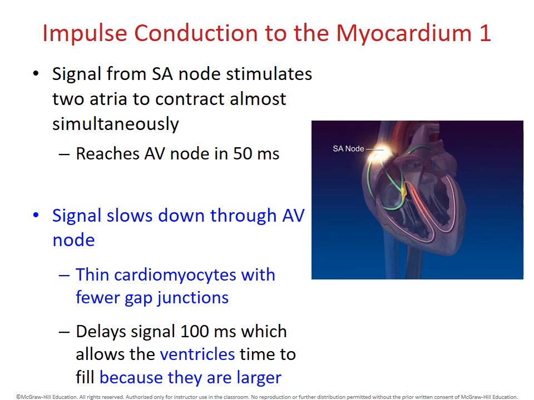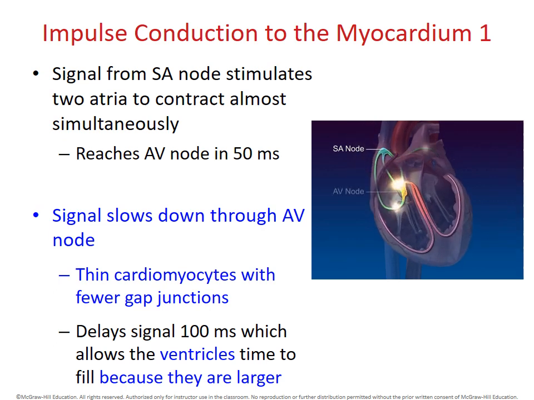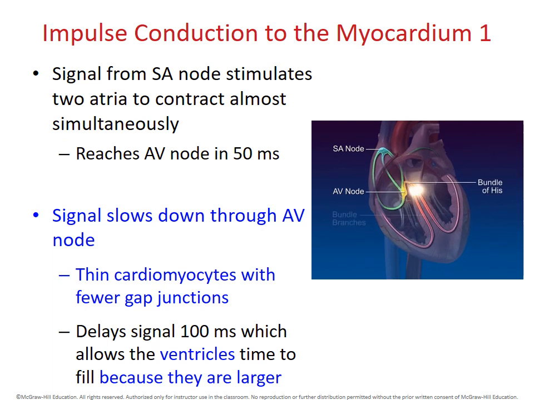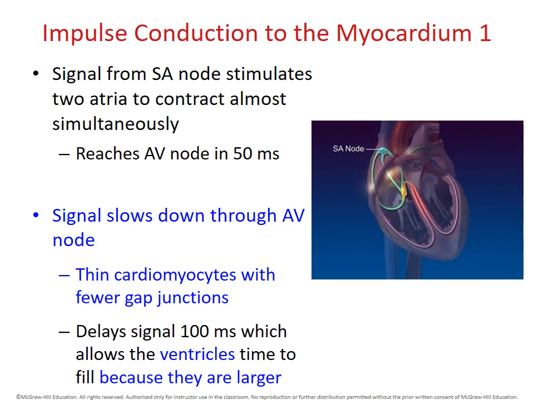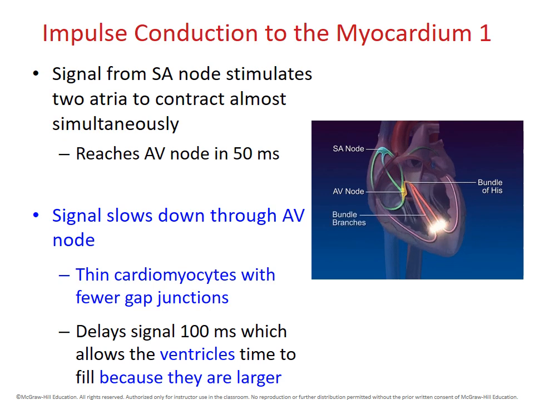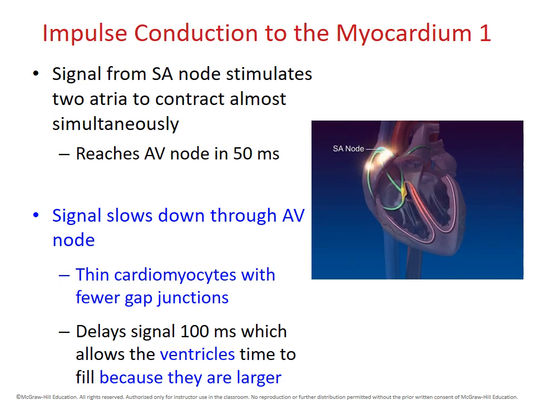To continue the discussion about the electrical currents, go ahead and take a look at the illustration that's playing on the right-hand side of the screen. What you're seeing is a dramatic slowdown, obviously, of the electrical current as it's initiated by the SA node, travels down the atrium to the AV node, through the interventricular septum for your bundle branches, and then up the ventricular walls to the Purkinje fibers.